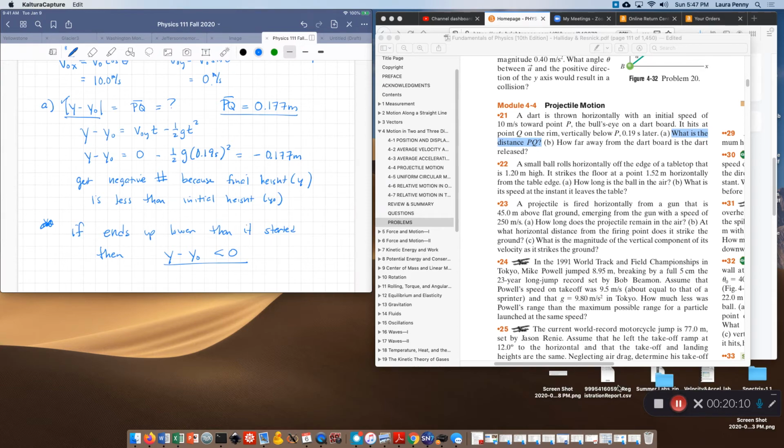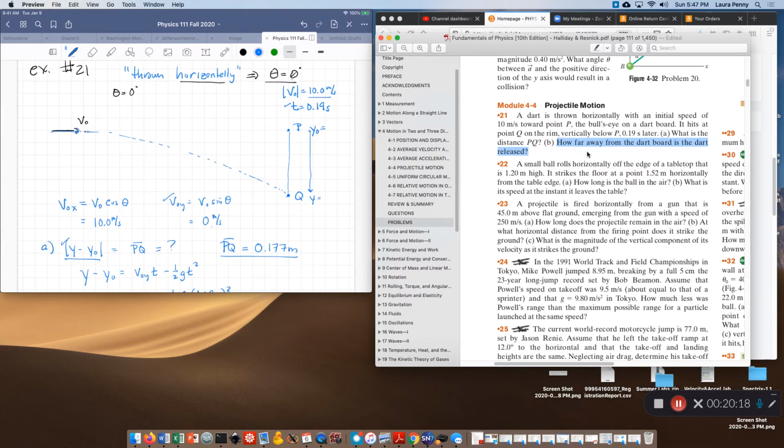So that's part A. Now it says, how far away from the dartboard is the dart released? So how far away? If this is where my dart was released, x naught, then here's x. And so this is what it wants to know now. What is x minus x naught equal to?